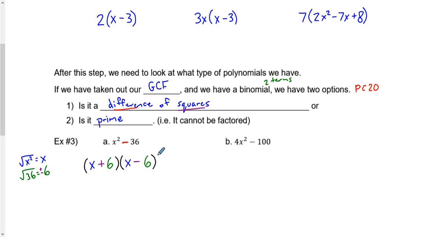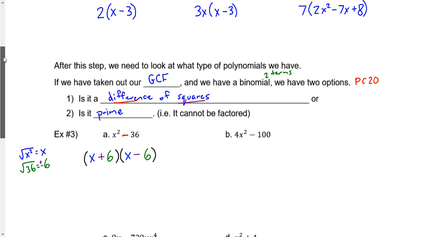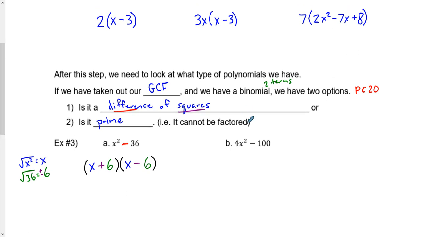Before we get too much farther, we're going to talk about the connection between factoring and checking our work. In order to check our work, all we have to do is distribute this out. So x times x is x squared, x times negative 6 is negative 6x, 6 times x is a positive 6x, and 6 times negative 6 is a negative 36.